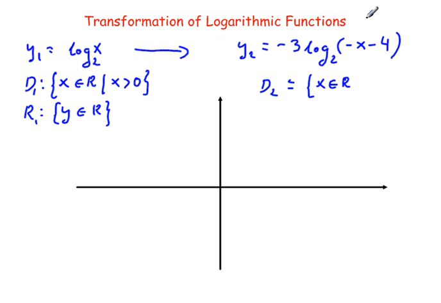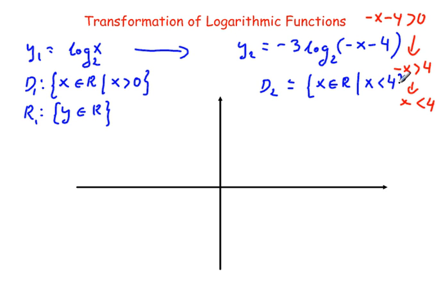Further down here, -x greater than 4. That would mean that positive x has to be less than 4.